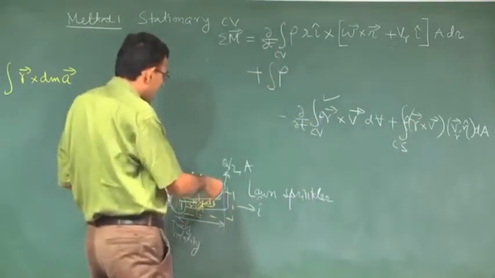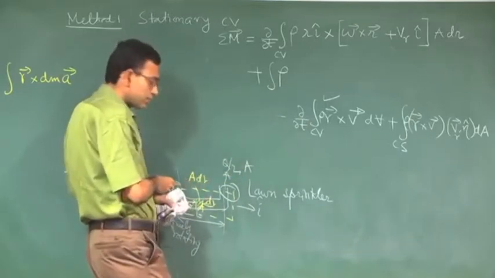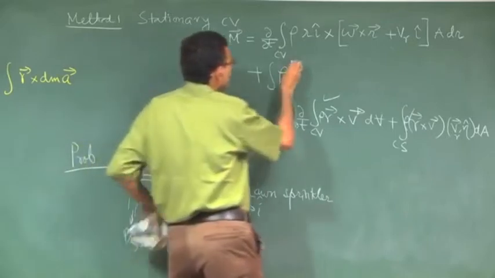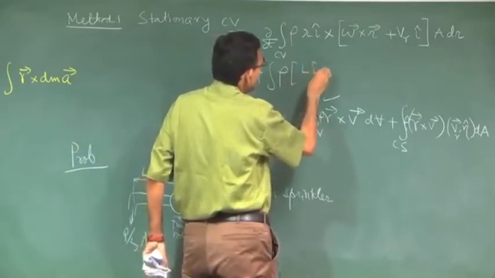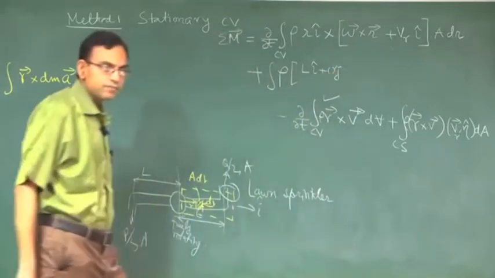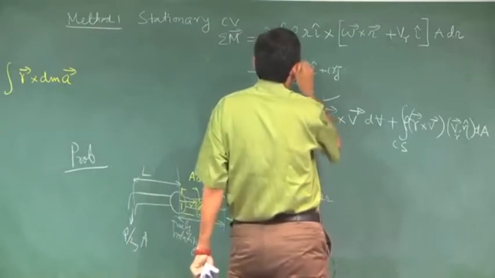So what is r? This is the outflow surface that we are talking about. So its r is Li plus some little bit of amount j, right, cross v.